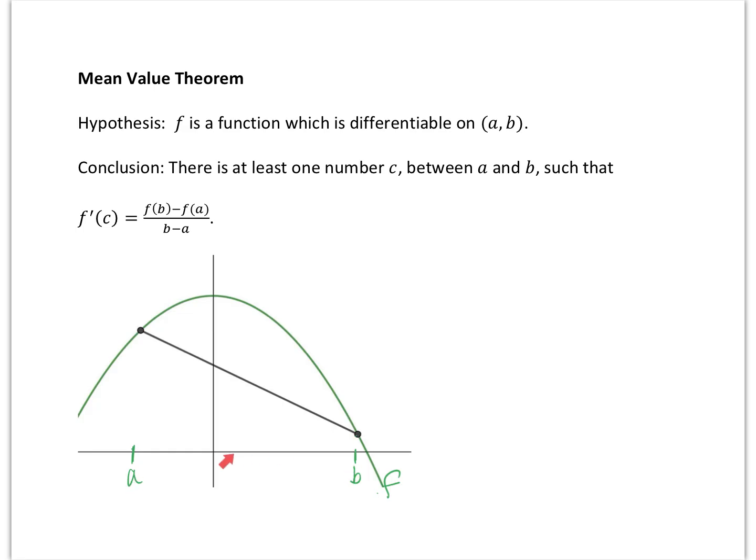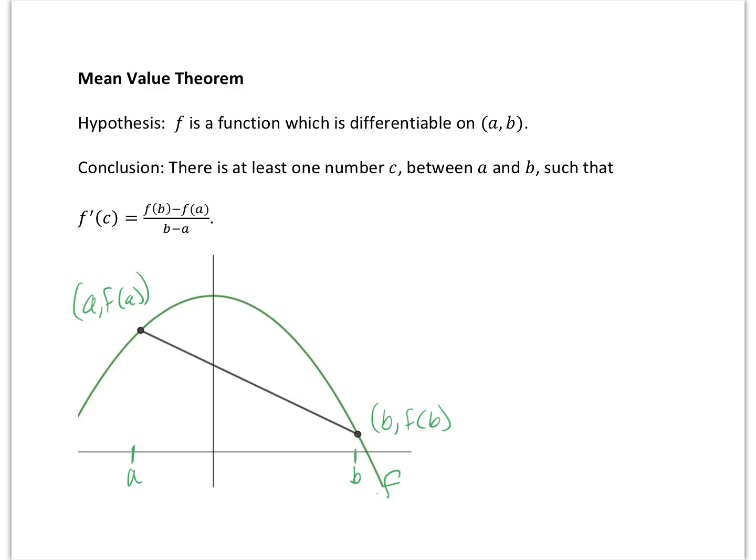That means that there's some number c between a and b, such that f prime of c, which is the slope of the tangent line, is equal to f of b minus f of a over b minus a, which is the slope of the secant line connecting a and b. So this point here is b comma f of b, and this point here is a comma f of a.